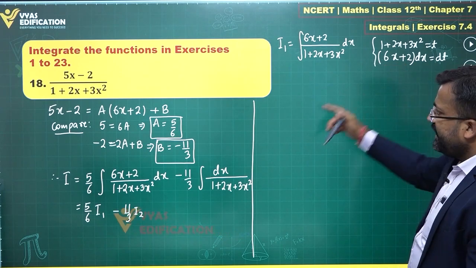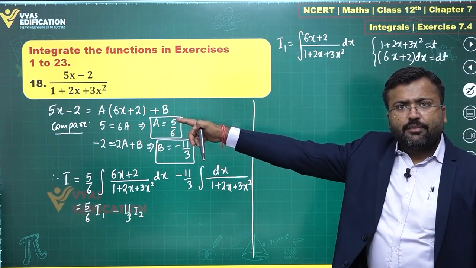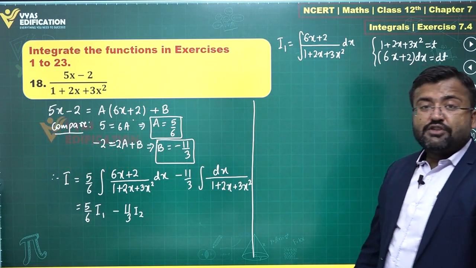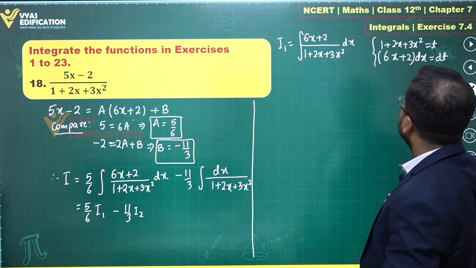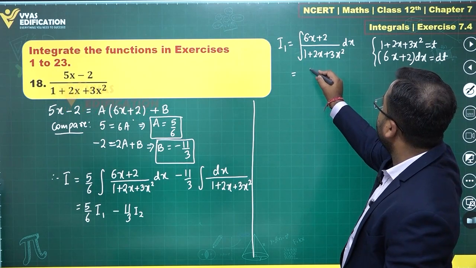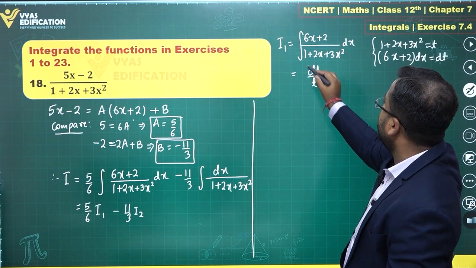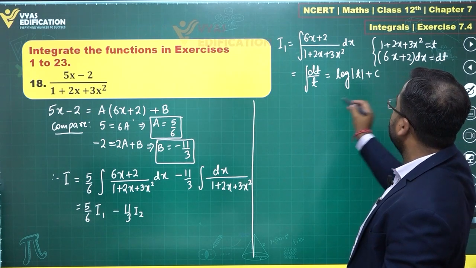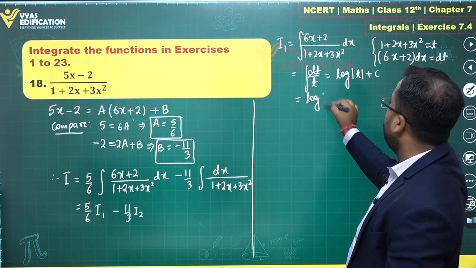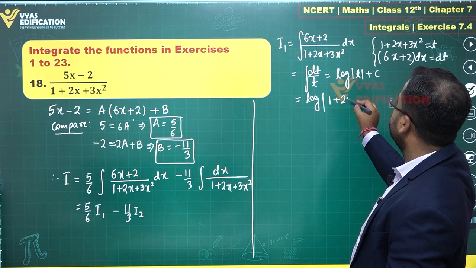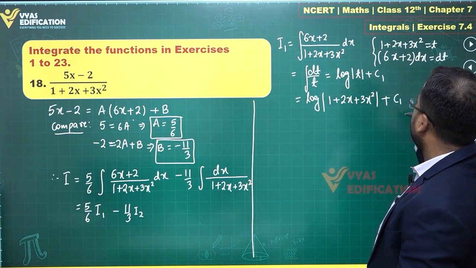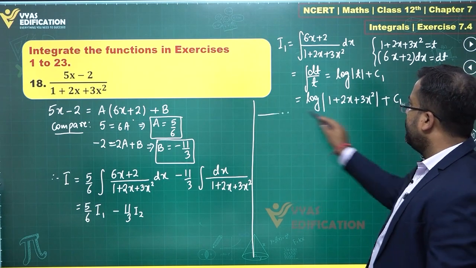We have actually planned using that idea: 6x plus 2 is nothing but the derivative of the denominator. So this becomes the integral of dt upon t, which is log mod t plus a constant, which is log of mod 1 plus 2x plus 3x square plus c1. Let's call this constant c1. This is I1 for us.